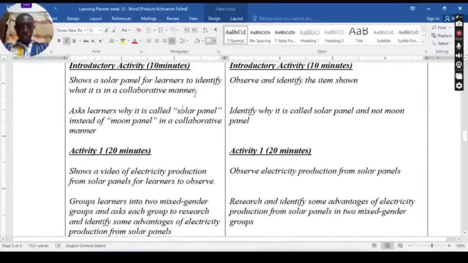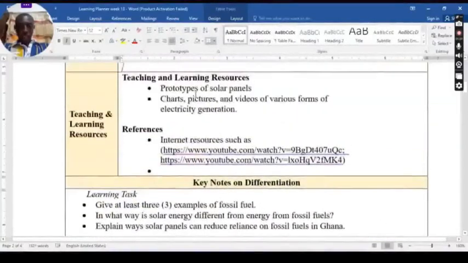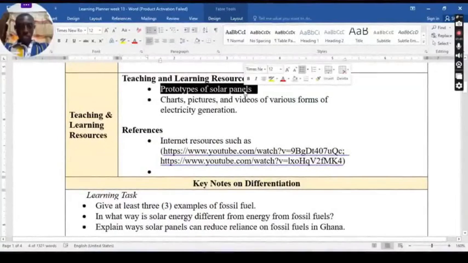The solar panel is a physical object. It is part of the TLR. Remember I typed prototype of solar panels. So let's see the TLR. You see this prototype of solar panel. I'm using it inside the activity.